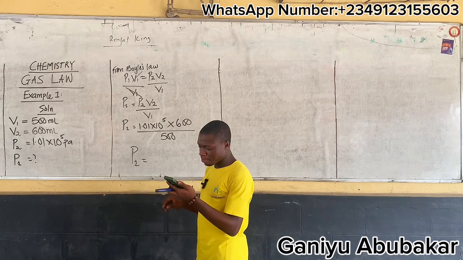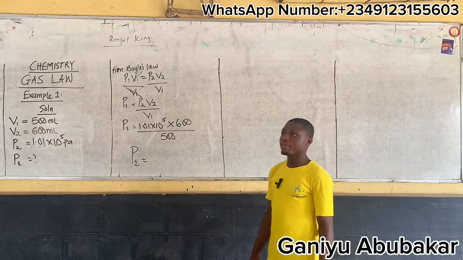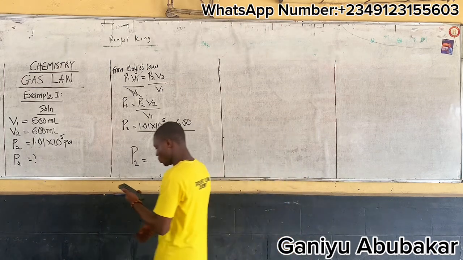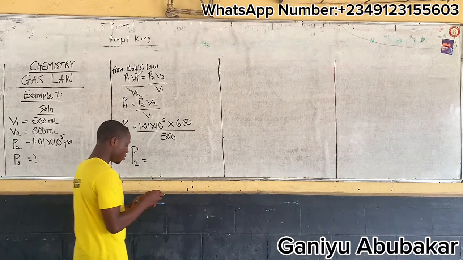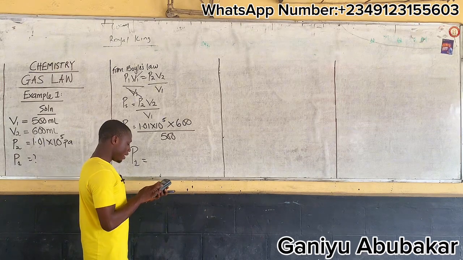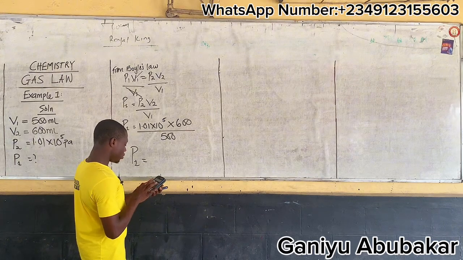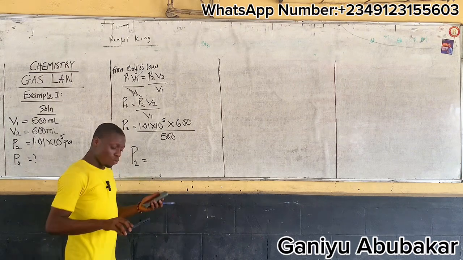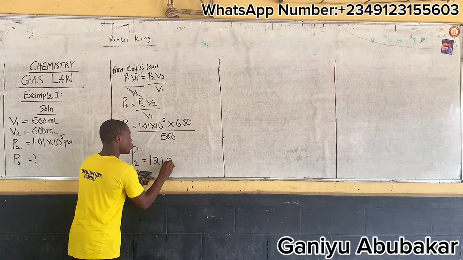If I have 1.01 times 10 to the power 5 times 600 divided by 500, I have 121200.